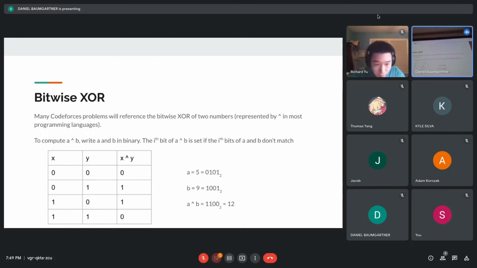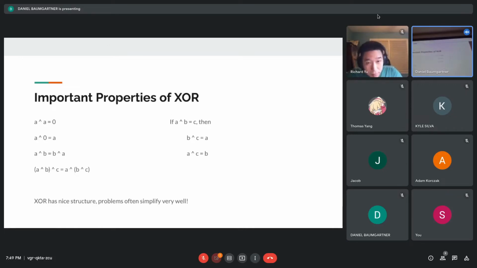So some properties of XOR, which are pretty useful in the problem solving process. In our first one, if we XOR a number with itself, we'll get 0. That's because all of the bits will line up, right? So you're always XORing something with itself in each binary place value, and because of that we get 0.